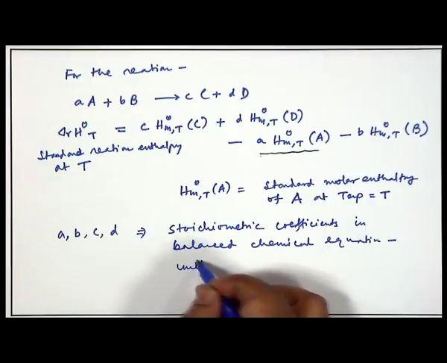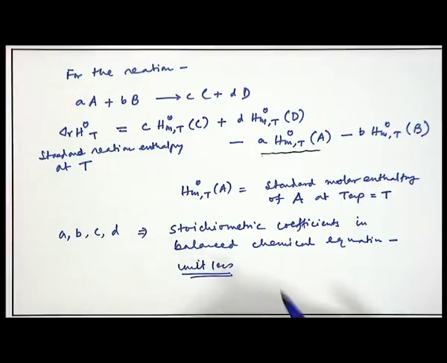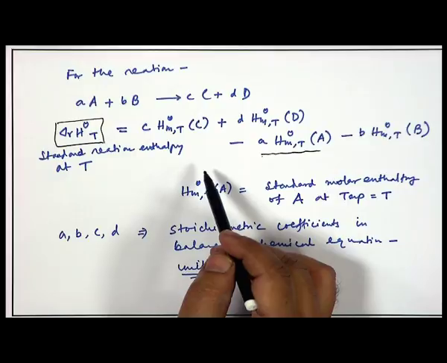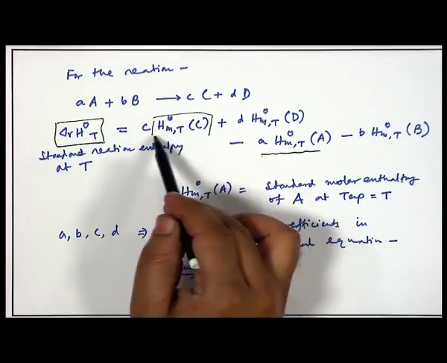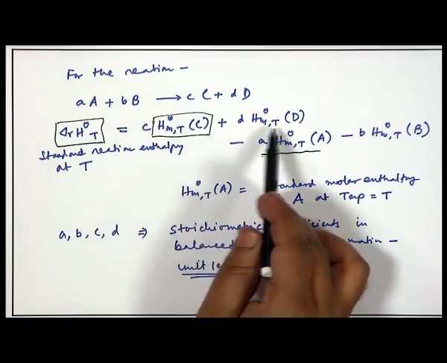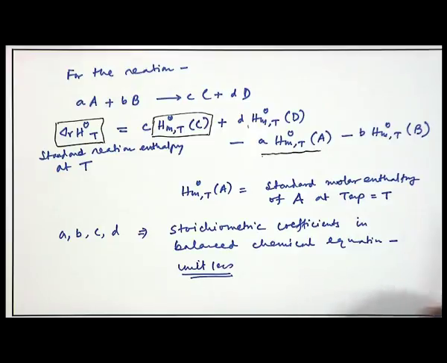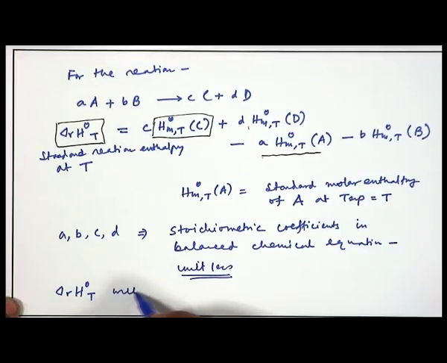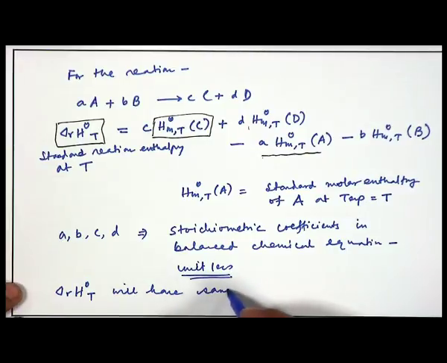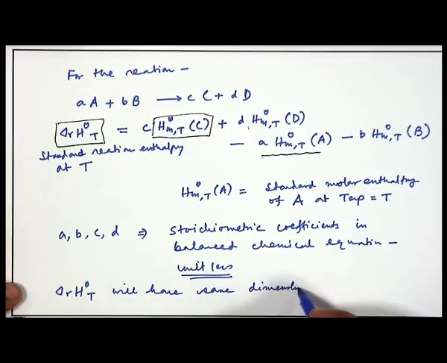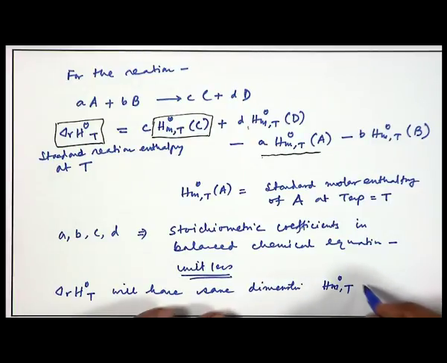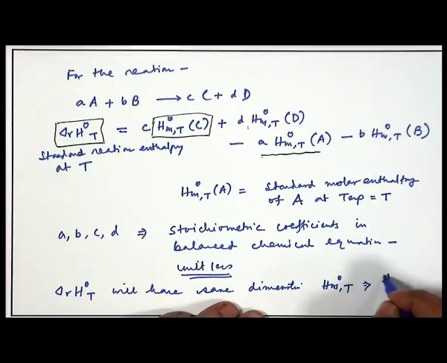They have no dimension, which means this term will have the same dimension as these molar enthalpies. They all have the same dimension, same units, which means ΔH reaction° at T will have the same dimension or unit as Hm, which is what? Energy per mole. So, joule per mole or say calorie per mole.